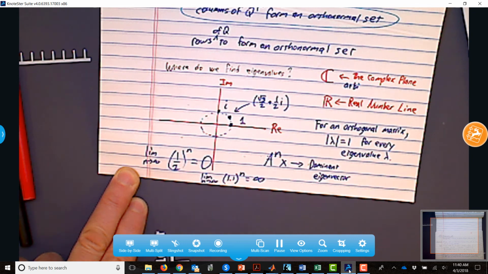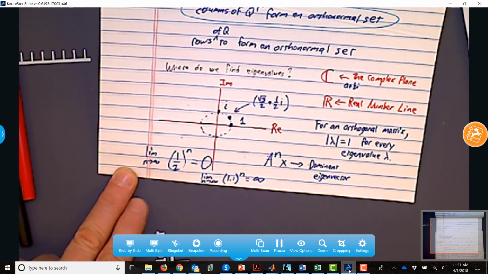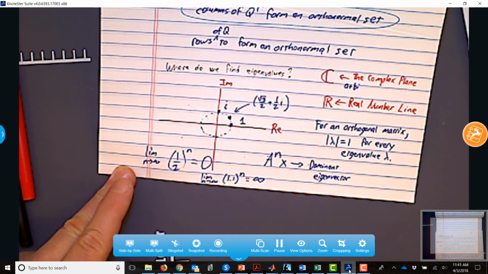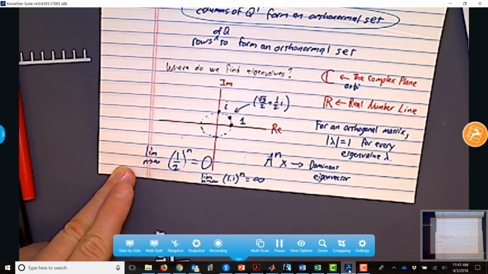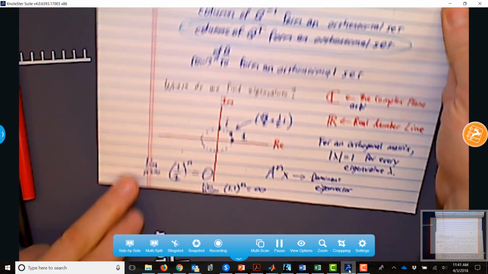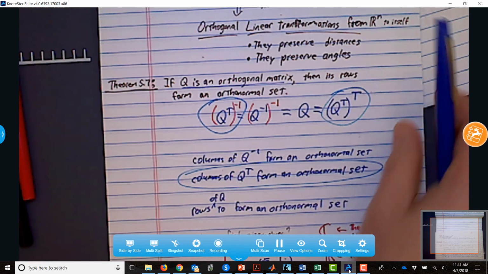So there's something very special about being on this circle: you can repeat over and over again whatever this transformation Q is, and it's not going to blow up and it's not going to shrink. That's an idea also worth mentioning.